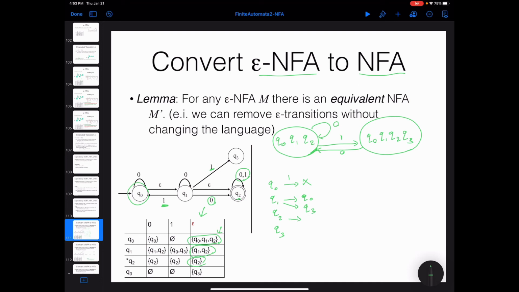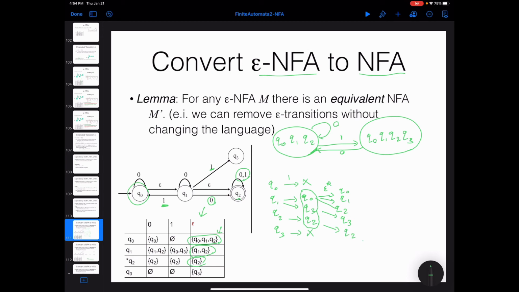Q2 with the transition 1 is going to stay at Q2, and Q3 is not going to go anywhere. Before creating a state with this name, you need to apply the epsilon closure. So if you are at Q0, you can be at Q1, you can be at Q2. If you are at Q3, you can be only at Q3. If you are at Q2, you can be only at Q2.